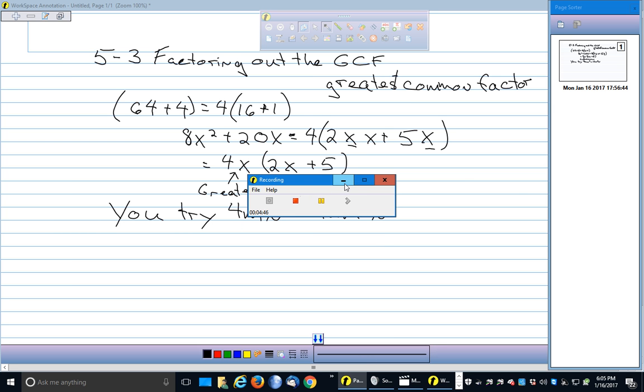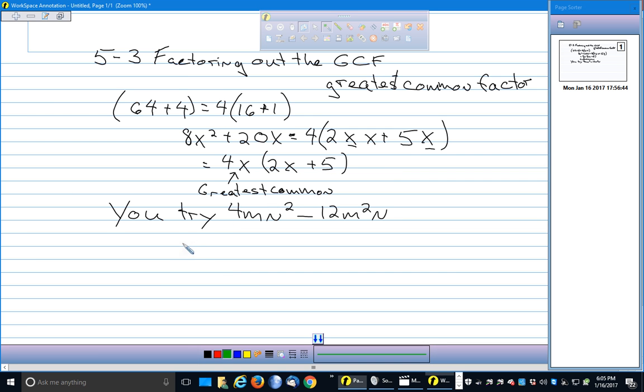Okay, hopefully you tried that problem, and hopefully if you tried it, you paused the video when I said pause and tried to do the problem. So if you did that problem, you should have factored out this thing. I can pull out a 4 from both expressions, right? And then I'm going to do it in 2 steps, and eventually you'll get good at this, and you can do it all in one chunk. But I can pull out a 4, and this I can rewrite as m times n minus 3 times m times m times n, right?